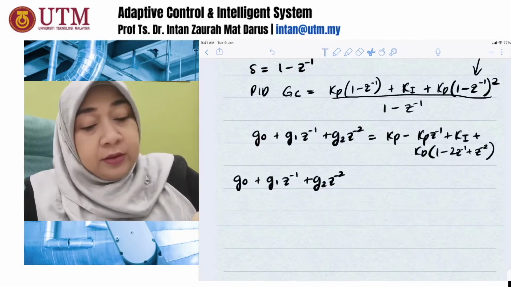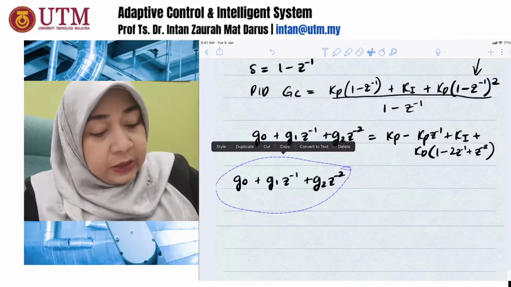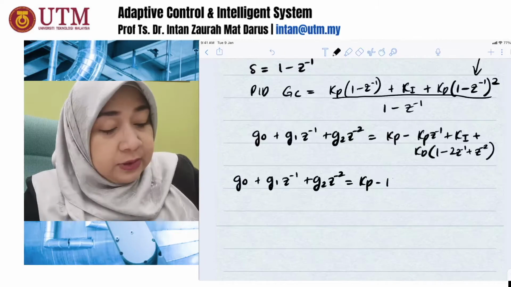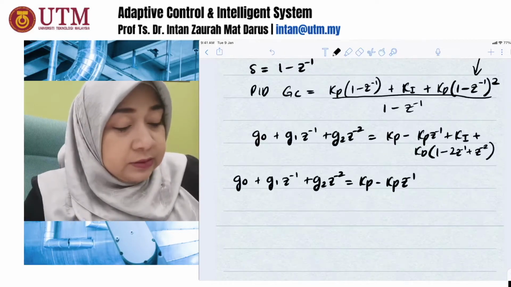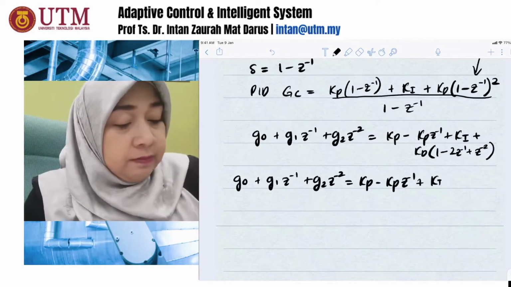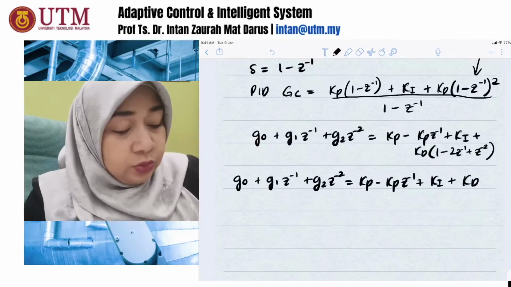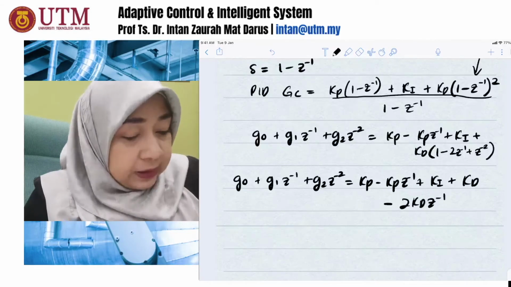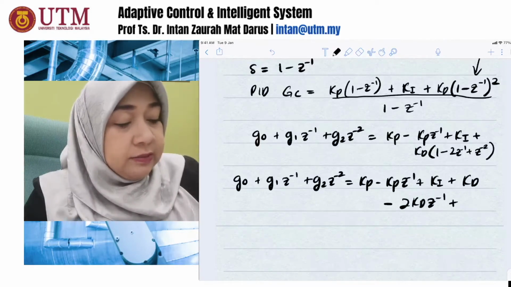Okay, then I'm going to have this equal to Kp minus Kp z^-1 plus Ki plus Kd minus 2 Kd z^-1 plus Kd z^-2.